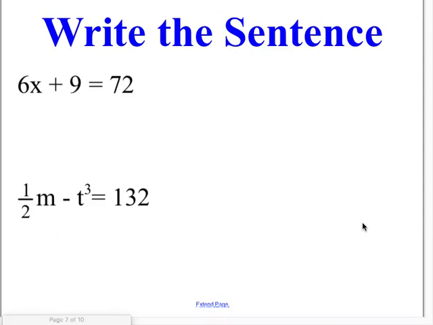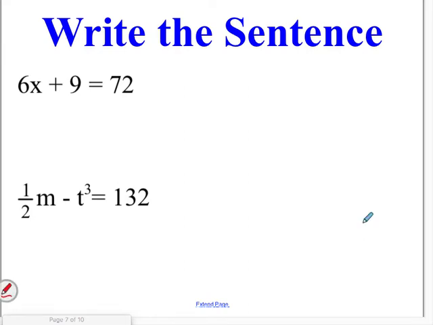Other piece that we have to do today is talk about how to turn the equation into a verbal sentence. So we got 6x + 9 is equal to 72. Remember, one of the rules about writing sentences, any number under 10 has to be written out as a word. You cannot use the number.